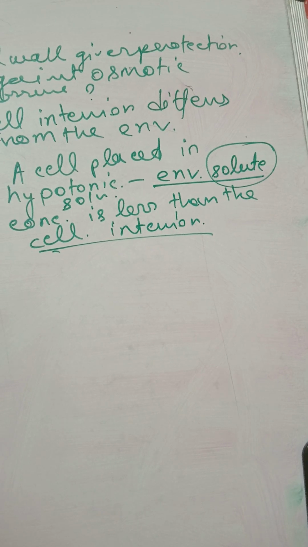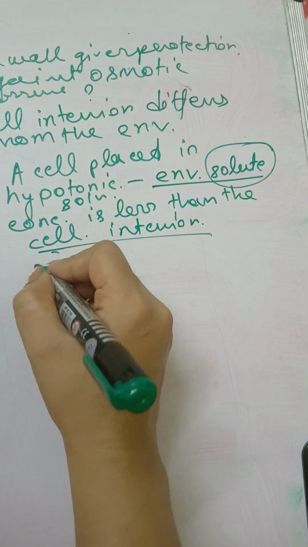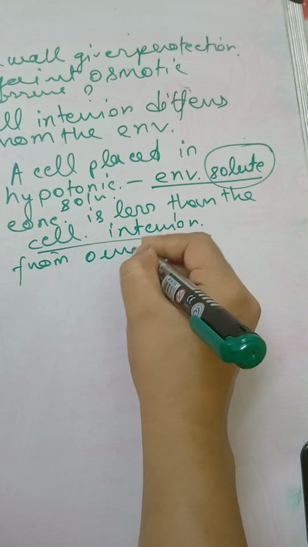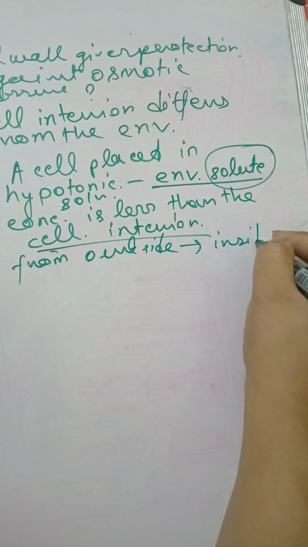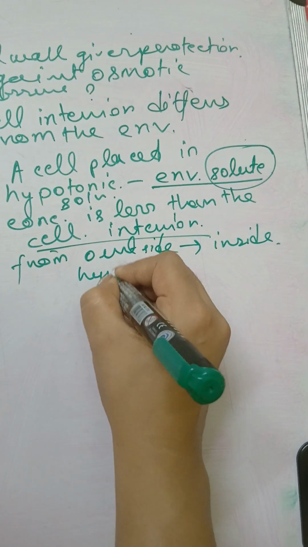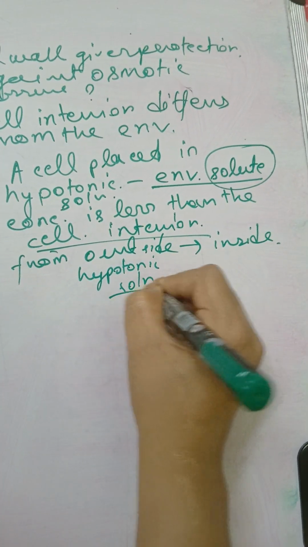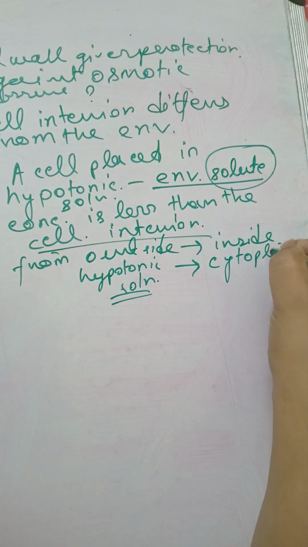Now in that case, as we all know, the solute will move from outside to inside, means from the hypotonic solution, that is the outside environment, to inside, means the cell cytoplasm.